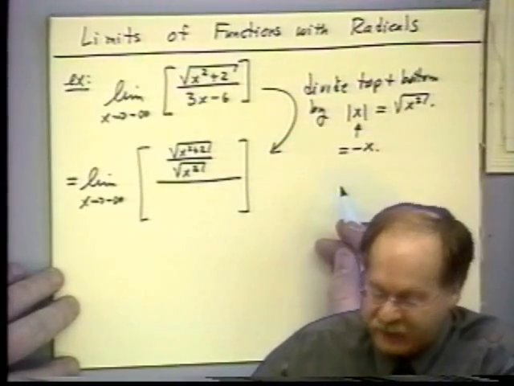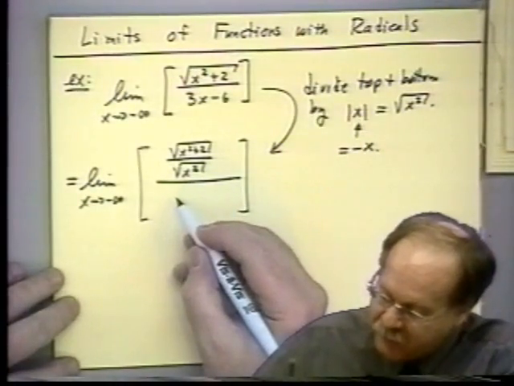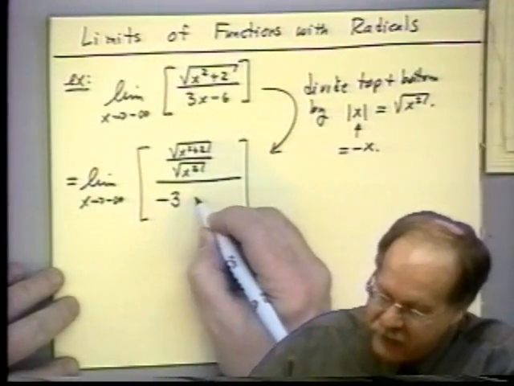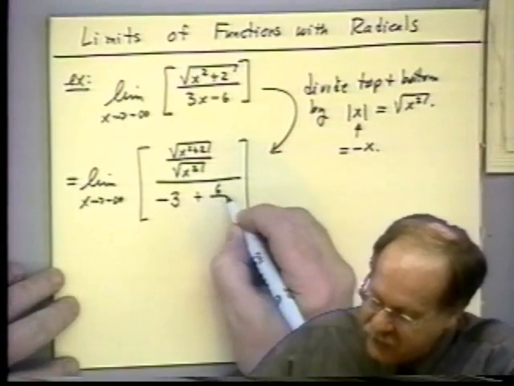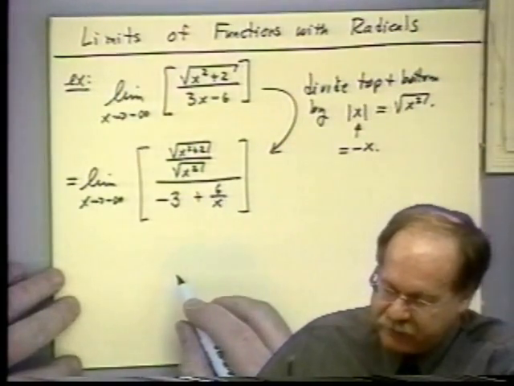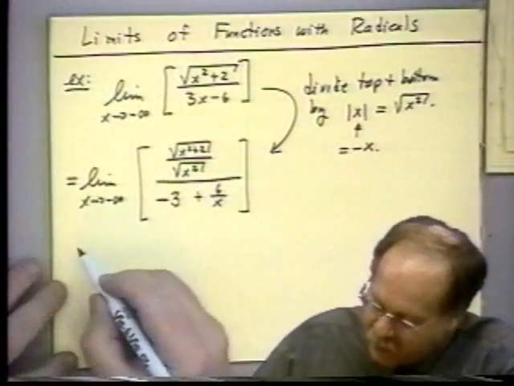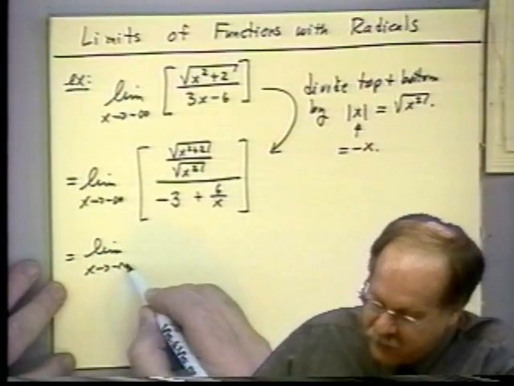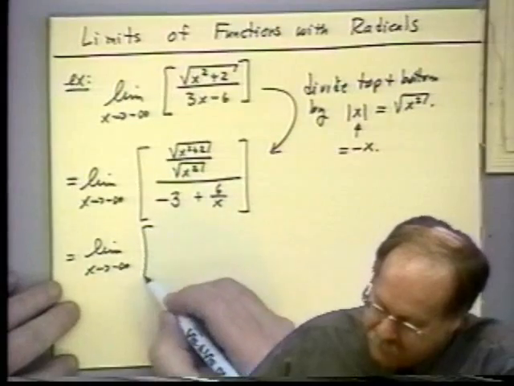So the absolute value of x here is negative x. That makes this simpler on the bottom. I'm dividing by negative x. That will give me minus 3 here, plus 6 over x in my second place. Now let's take one more step to clean this up a bit. The limit as x goes to minus infinity.